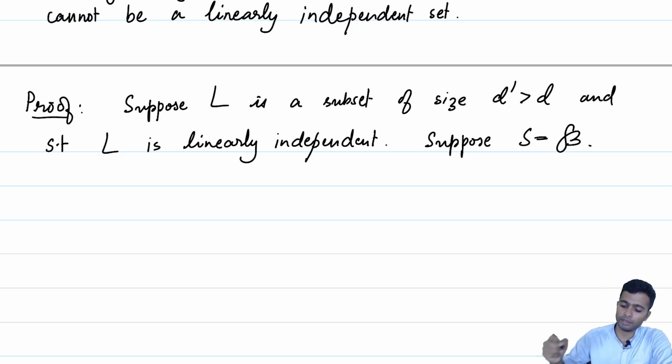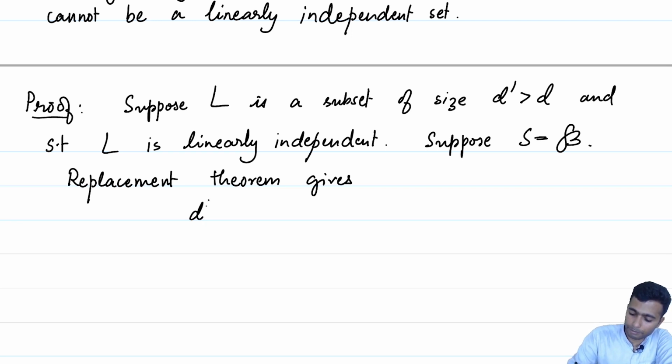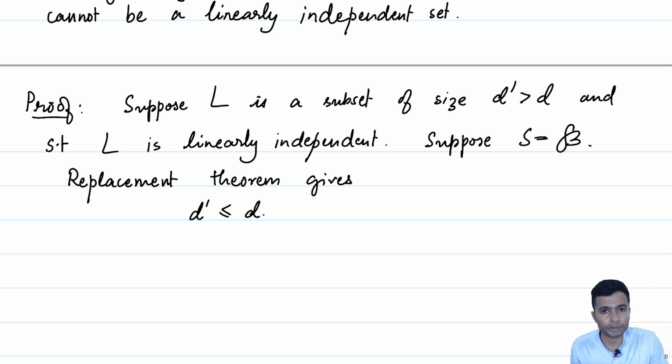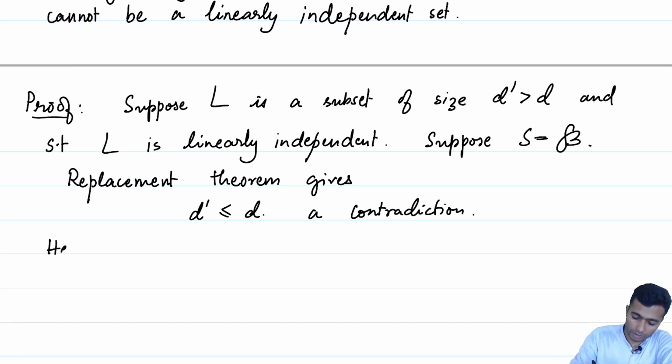Now when we apply the replacement theorem to S and L, where L is just a linearly independent set, the replacement theorem tells us D prime is less than or equal to D. The size of a linearly independent set should be less than or equal to the size of a spanning set. Therefore, D prime is less than or equal to D, which is a contradiction. And therefore, L cannot be linearly independent.